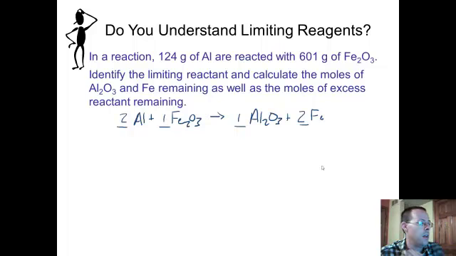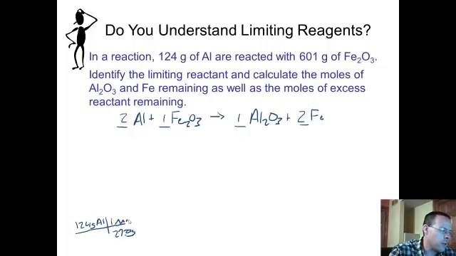Okay? The next thing we need to do is change these 2 amounts into moles. So I'm just going to do a little conversion down here, 124 grams of aluminum. Aluminum weighs 27 grams to 1 mole. So really we have about 4.59 moles of aluminum.